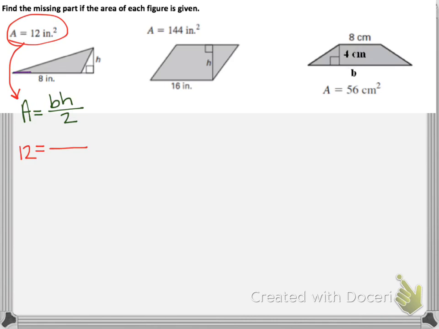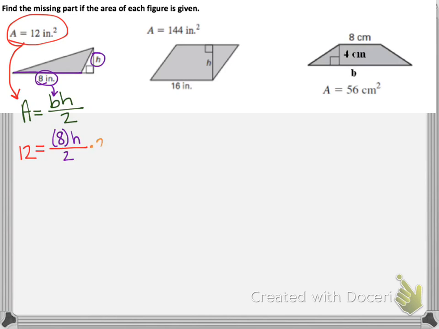And then this distance right here that they gave me is definitely my base. So I'm going to put that in for B. So I've got an 8 right here. The height is what we're trying to find. So I'm going to leave that in. Over 2.